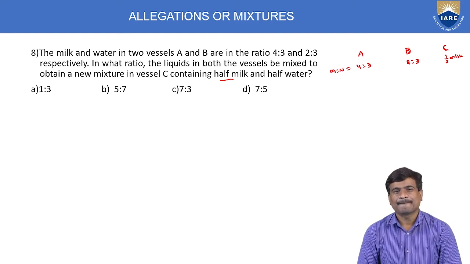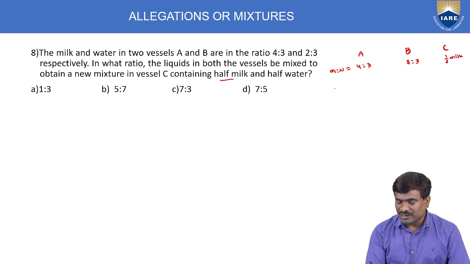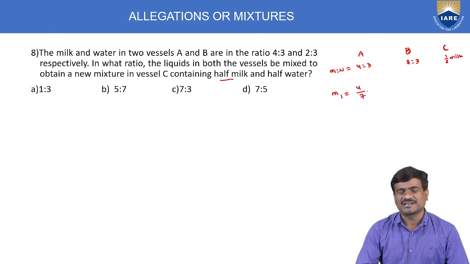Easy method. Here, let the cost price of 1 liter of water be rupees 0 and the cost price of 1 liter of milk be rupees 1. Next, calculate only the milk quantity. Milk quantity in the first container is 4 by (4 plus 3), 4 by 7 liters.